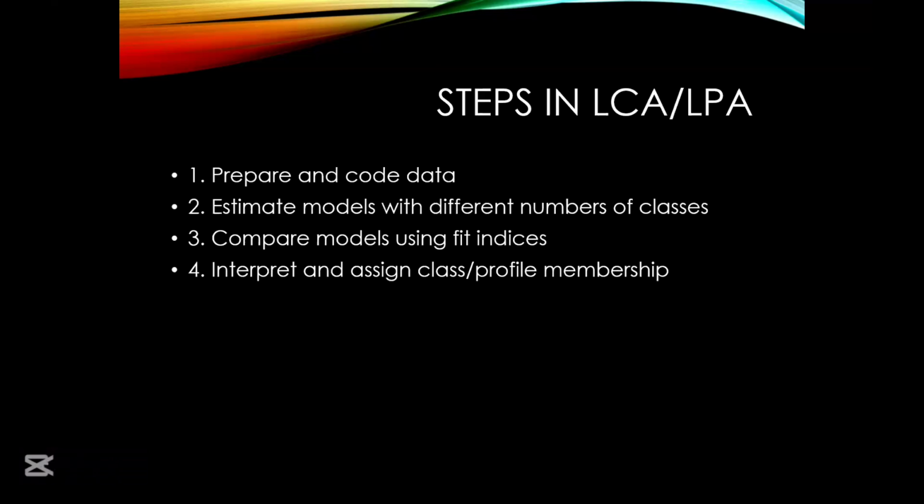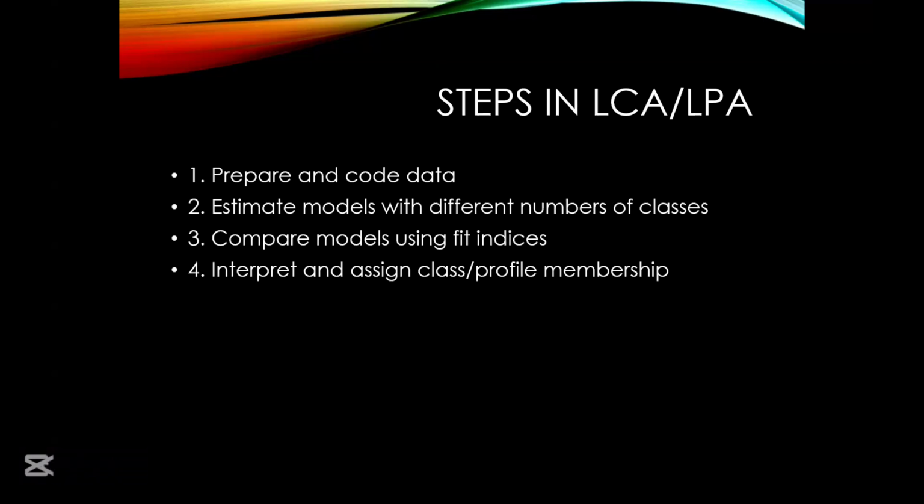Now, what are the steps that one has to take in order to perform LCA or LPA? Basically, 4 steps. We prepare and develop our codes, and then we estimate the models with different numbers of clusters. Then we compare the models using fit indices, just as we listed in the previous slide.